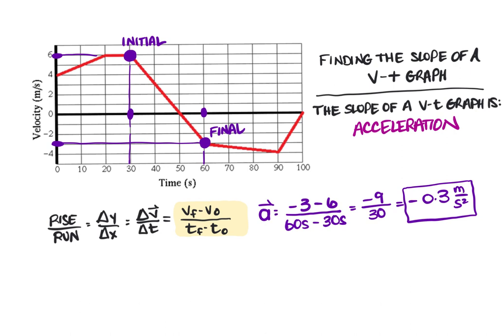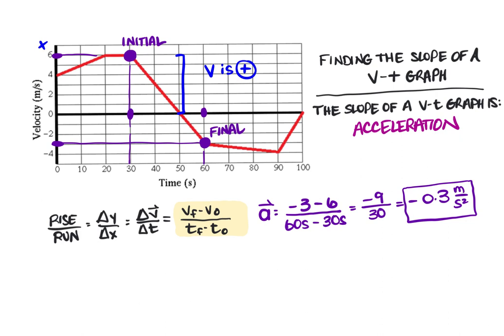Now, it's important to note that the acceleration does not tell you the direction the object is moving in. For example, here, for this entire part of the graph, so from 30 to 50 seconds, the velocity is positive because the velocity is above the horizontal axis, and that is the positive velocity part on the graph.